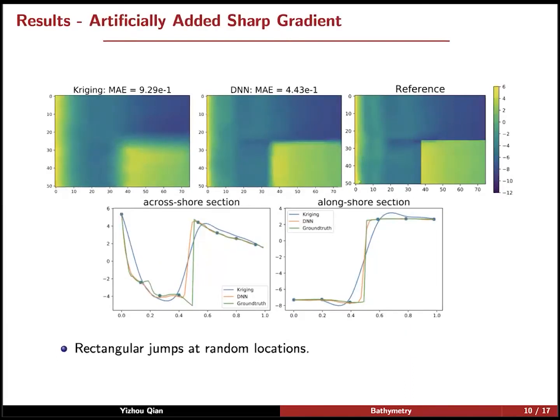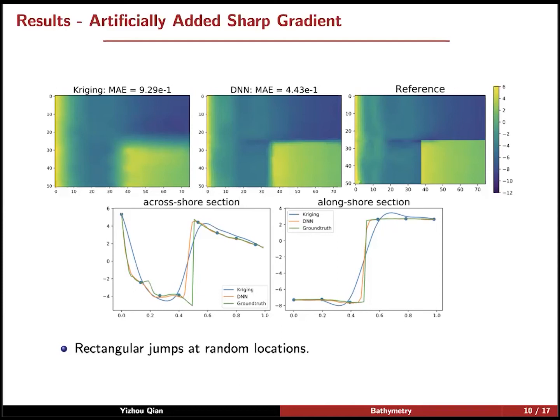This is an example of a monthly survey with some added sharp gradient component, as a comparison for Kriging and deep neural networks. As we can see here, the deep neural network has a prediction with lower mean absolute error, as well as a solution prediction with sharper boundaries.